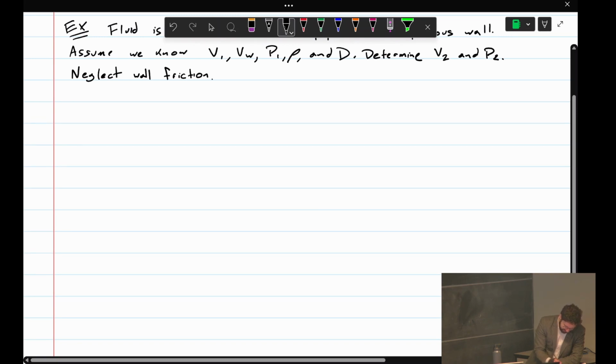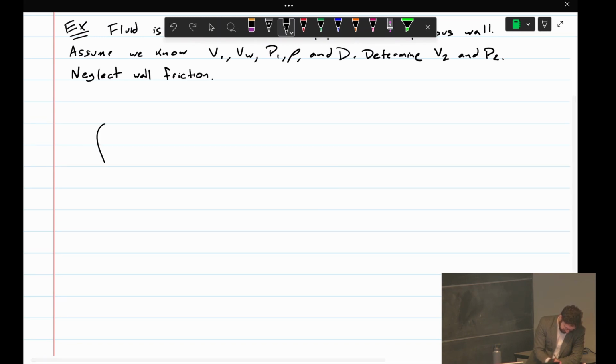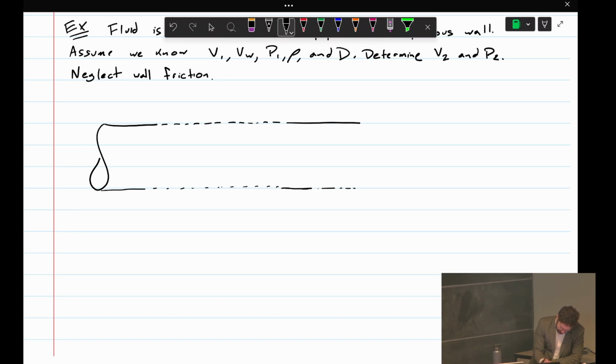So what this looks like is we have this pipe here. Flow is coming in on this pipe, and then we have a porous section of the pipe. The flow can leave out of it.